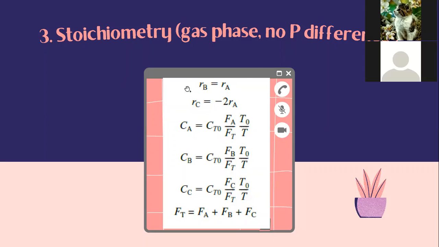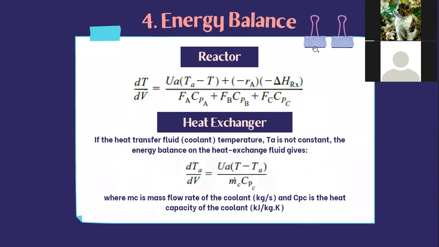So we can find the rates rB, rC, the concentrations CA, CB, CC, and the total flow rate, which is equal to FA plus FB plus FC.